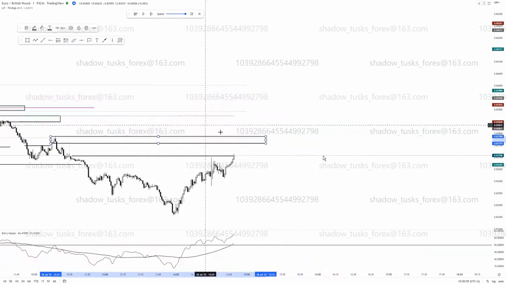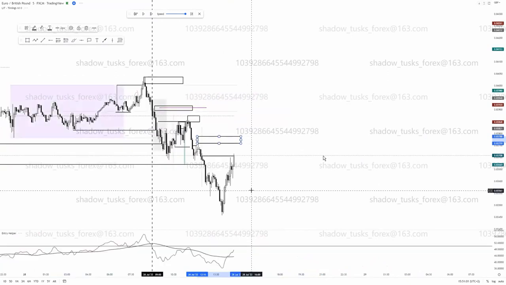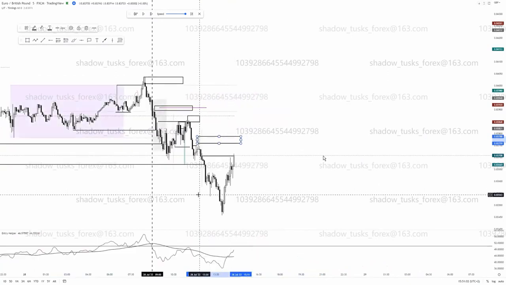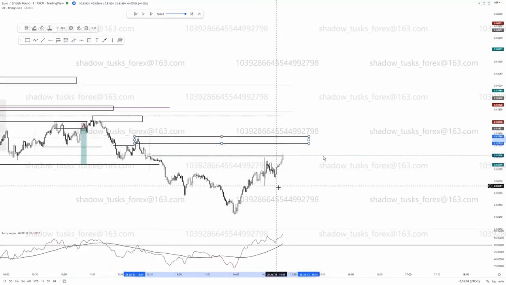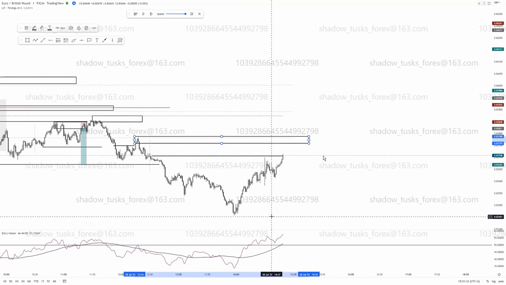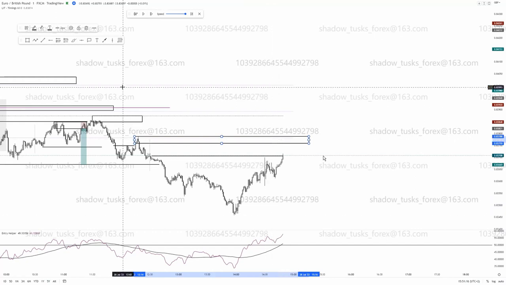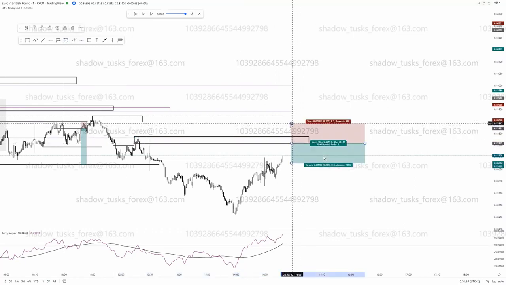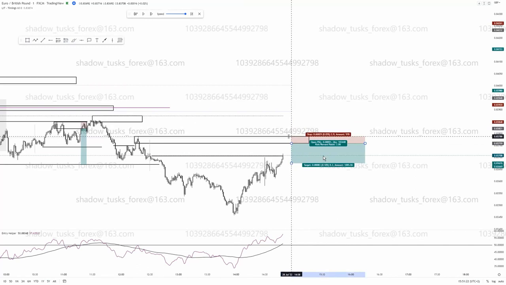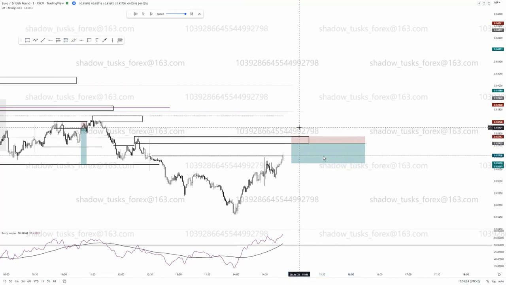So that's not a confluence for the zone, but it's an M1 and an M5 EDM. Now, if we were to take this, are we going to be taking this all the way back down to create a new low? Is that likely? Is a new low likely in this situation? No.